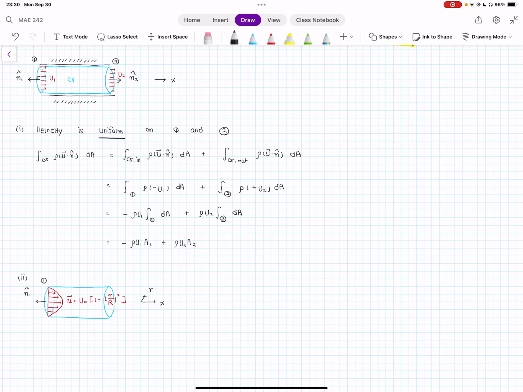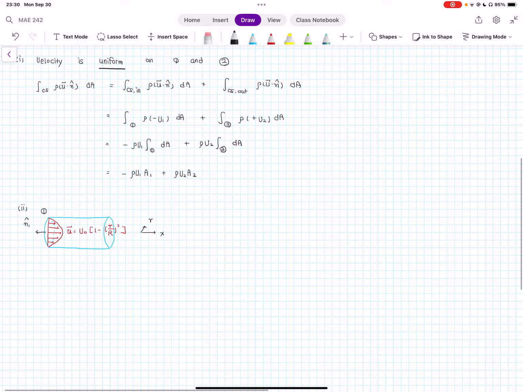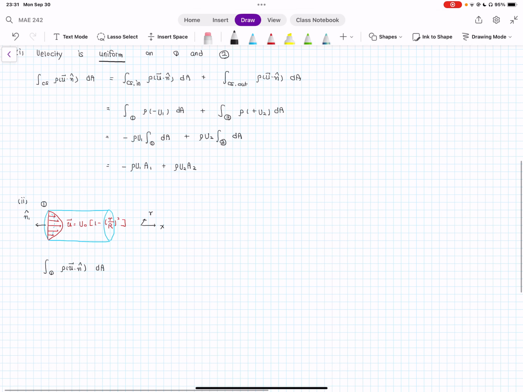So let's try to integrate this parabolic velocity profile on the surface 1 only. So here is my surface mass flux, rho u dot n dA. How should I integrate this quantity?